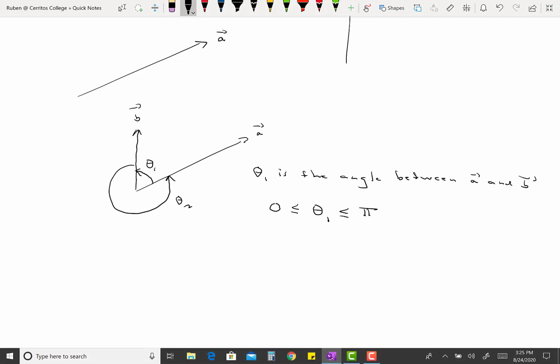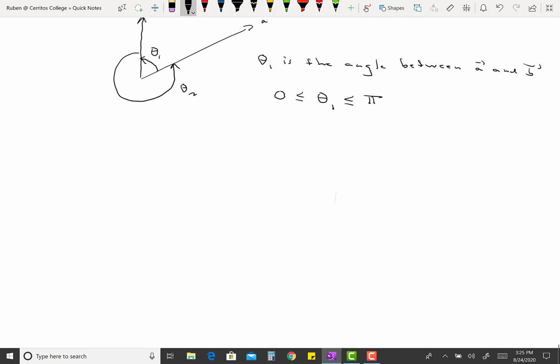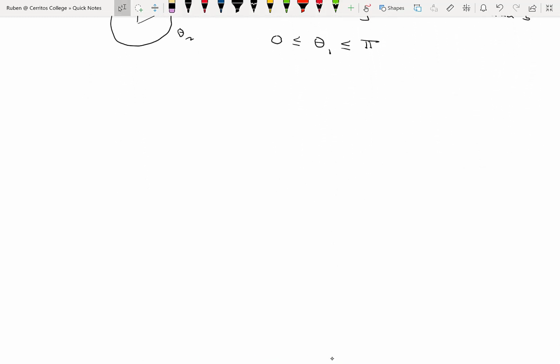Okay. So why do we need an alternate formula? I haven't given you the alternate formula. Why do we need an alternate formula for the dot product? Now here's one good reason. Example.